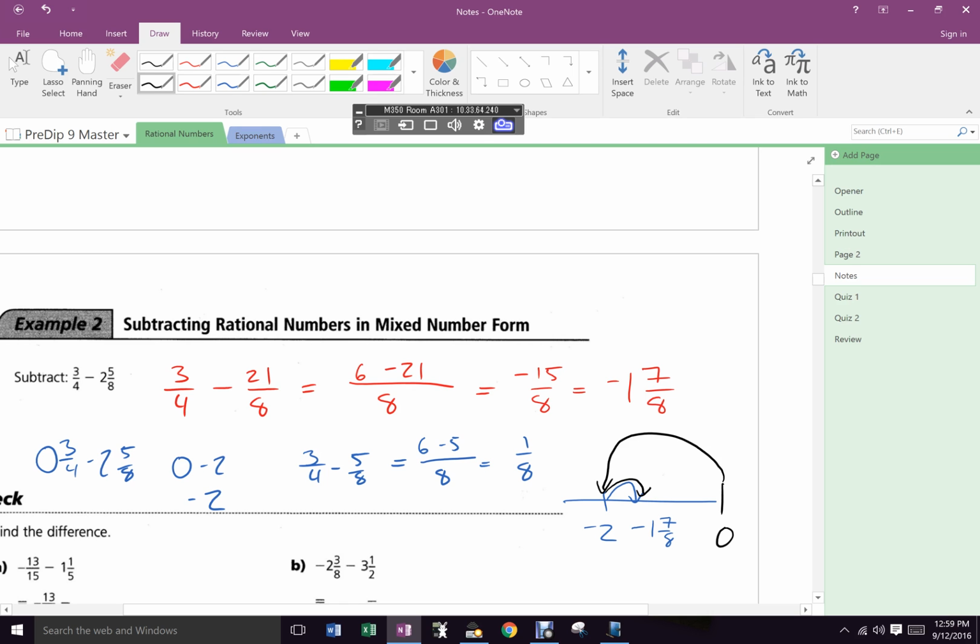That's why I like to show the number line at first, okay? Because some kids like to do the big number thing, but then they forget and they say, oh, it's -2 and 1/8. But it's not, because this 1/8 is a positive 1/8. Got it? So do these next two however way you want.